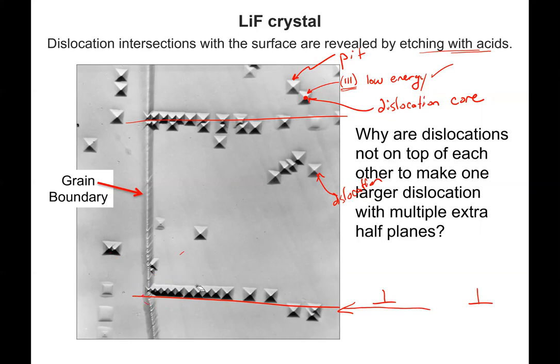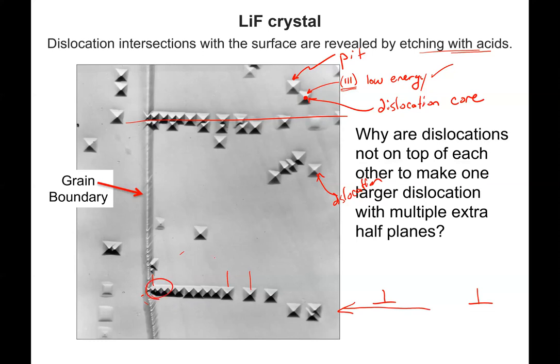Now, one of the things that we want to try and explain is, if these have different spacing as we move closer and closer to the grain boundary, and we said this is because the ones here have much higher stress because all of these dislocations that are here are pushing this way. Well, then they must be repelling each other naturally, otherwise they would just simply collapse on top of each other.